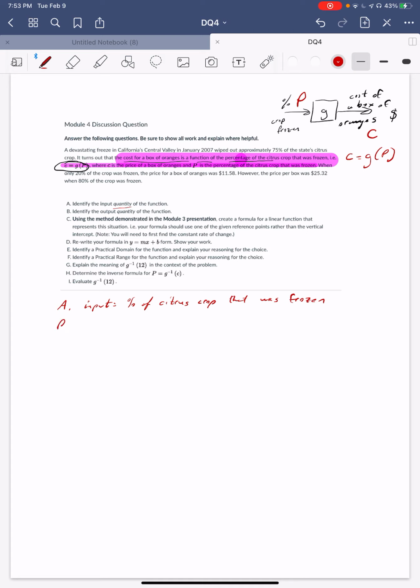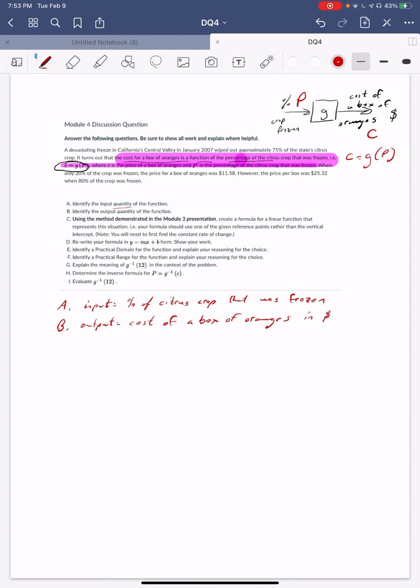And then B is identify the output, and the output is the cost of a box of oranges in dollars. Be very specific when you're stating what your quantities are.